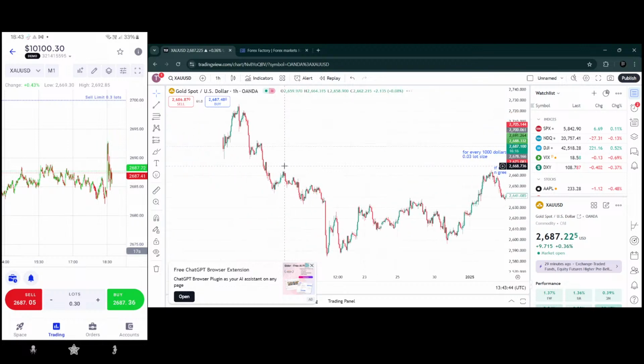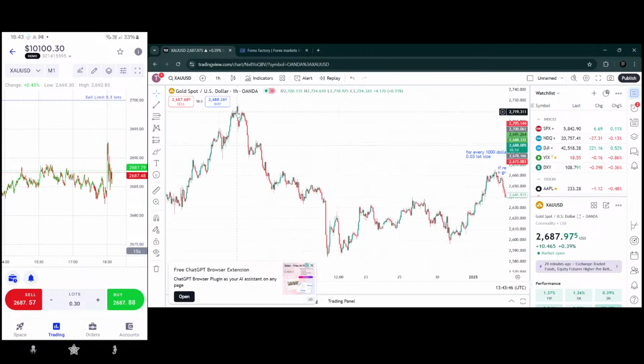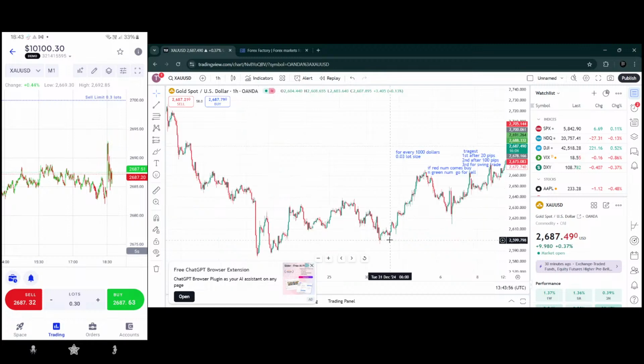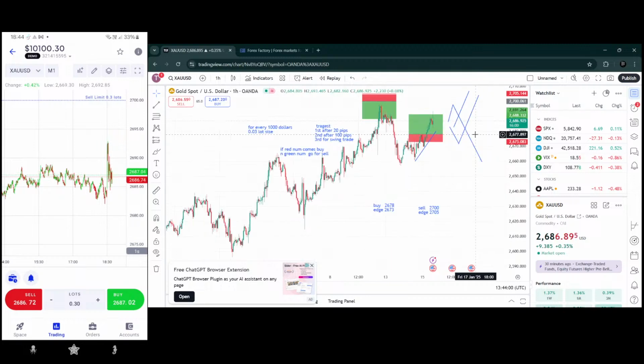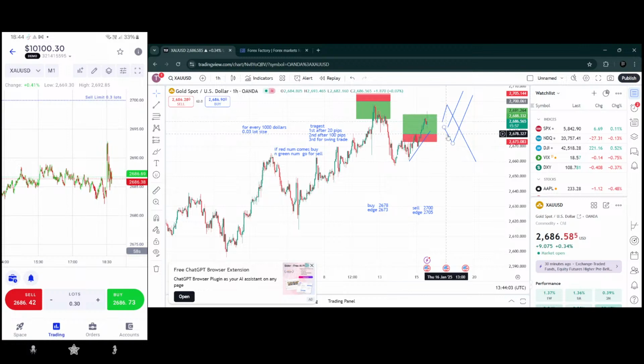If you see back here, 2725, here the market rejected and then went down, then pulled back up, and then here, and now the market is trying to move on the upside. Because of the geopolitical situation, there was a plane crash in Uzbekistan, and whenever there's tension the market moves on the upside.